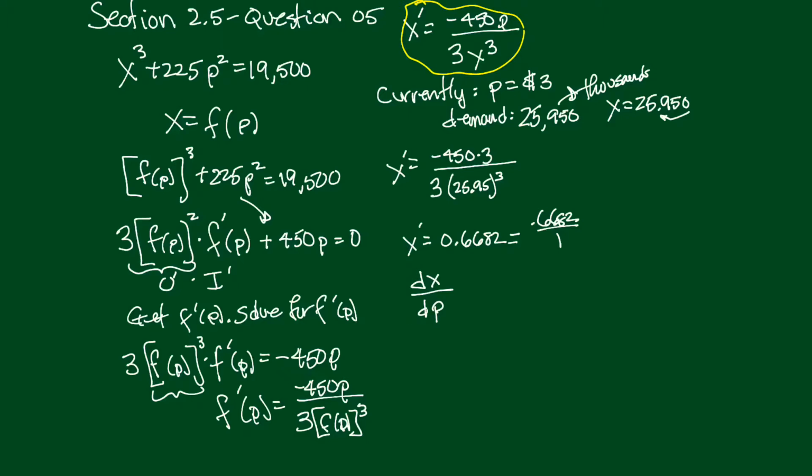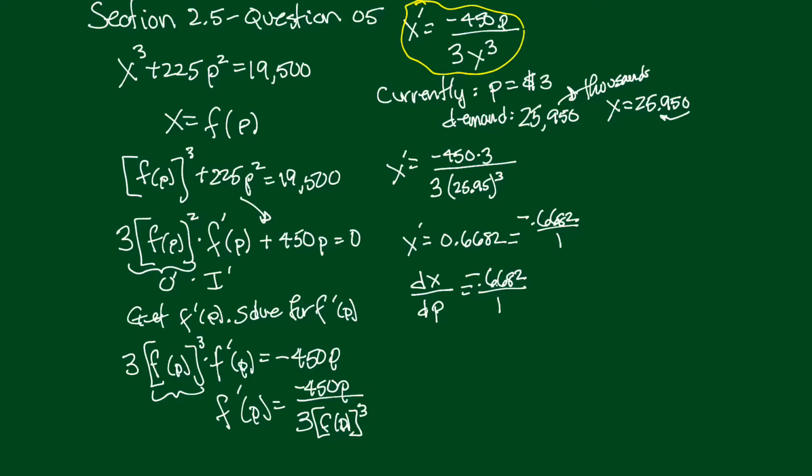So what we're getting is negative 0.6682 over 1. So what it says is that as the price increases by $1, the demand will go down. There's our negative. Demand will go down by 0.6682 thousand. So as the price increases by $1 from 3 to 4, demand will go down by 0.6682 thousand.